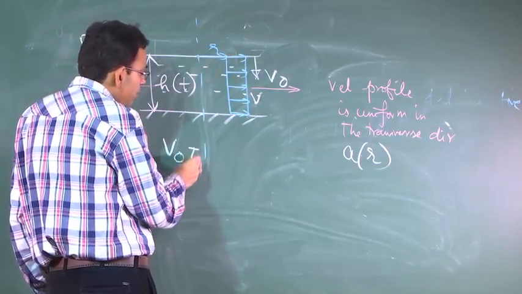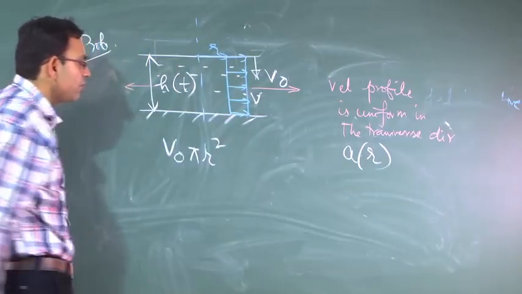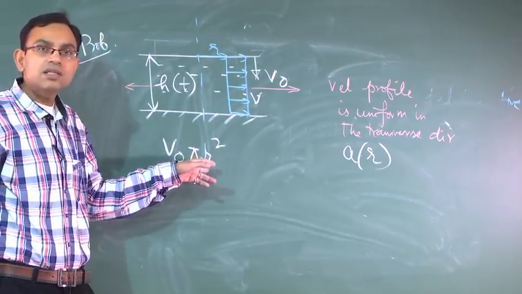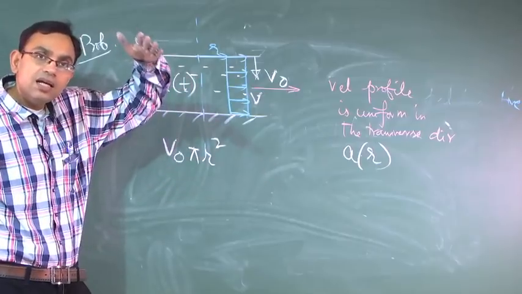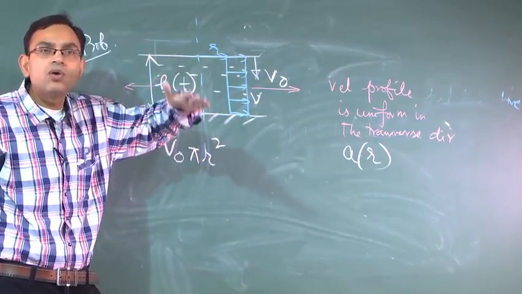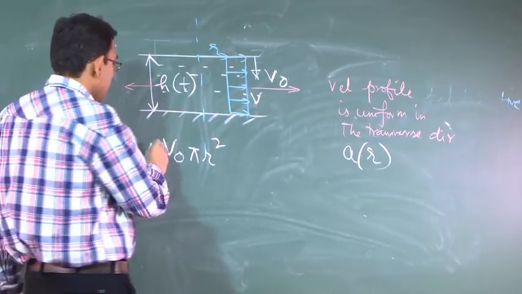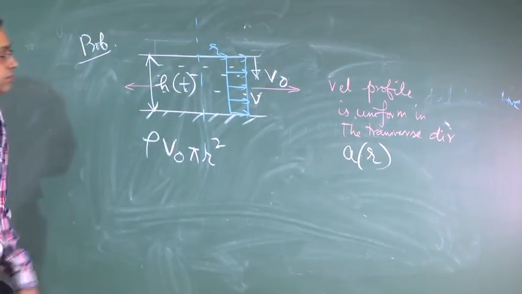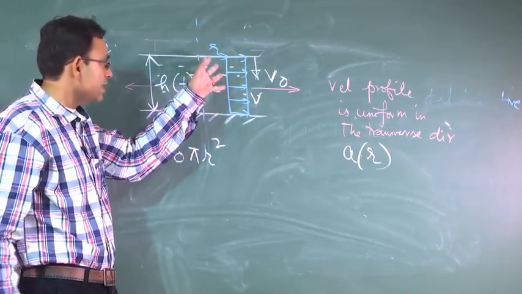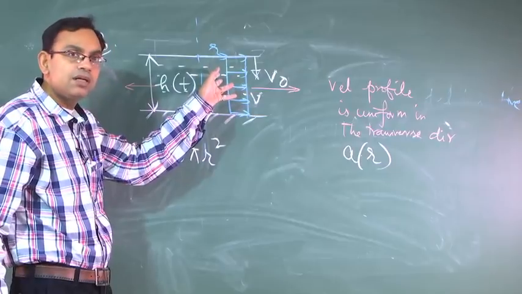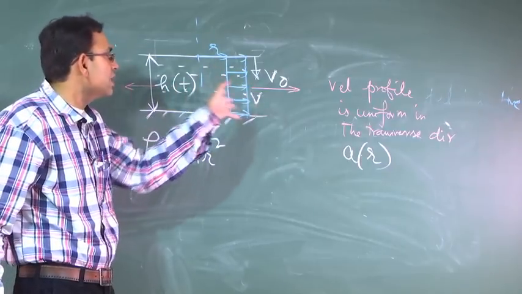So, V0 into pi r square is the volume flow rate, velocity times the cross sectional area. This is the rate at which the fluid is swept down. That times the density is the mass flow rate, and at steady state whatever is the mass flow rate coming down is the same mass flow rate that is leaving.